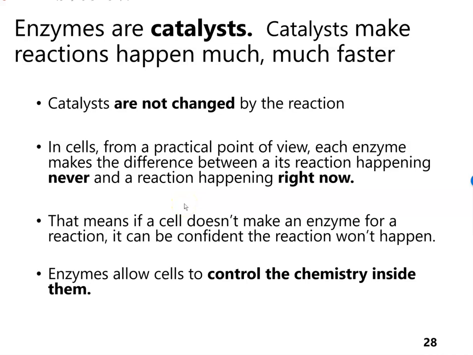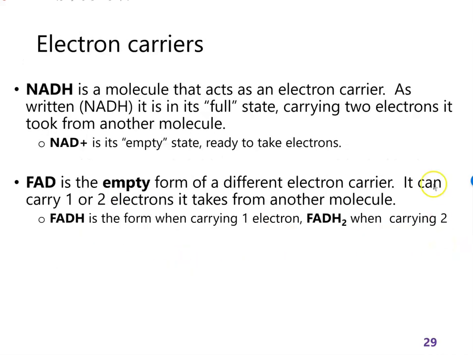So cells can use that to basically turn on chemical reactions. And so every pathway is controlled by whether or not the enzymes exist. So when a cell wants a pathway to go, it makes all the enzymes, it makes all those proteins. And this is what lets cells control their internal chemistry.